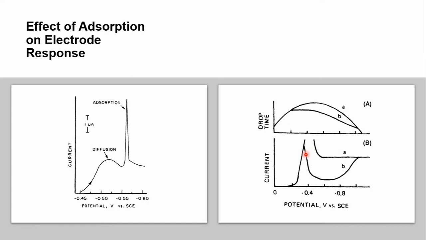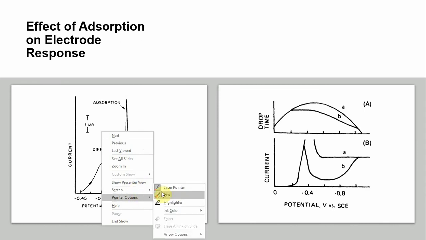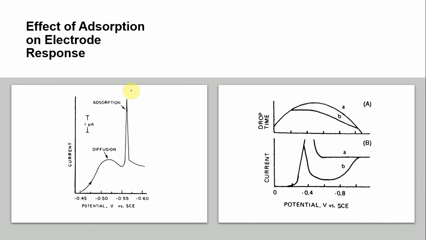Similarly, adsorption can cause its own wave in a process, as you see in this figure. Due to the adsorption, we see a wave over here, which is not part of the actual response, and somehow it is damping the actual response which is coming over here.